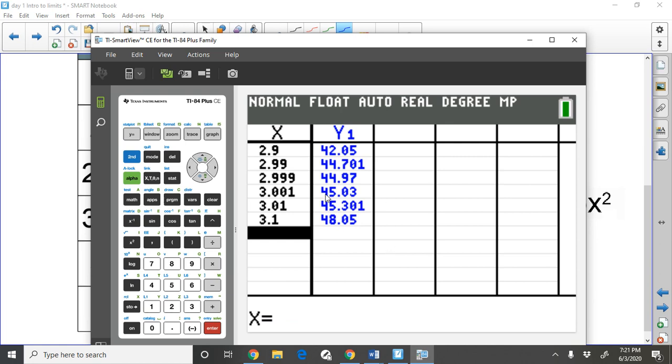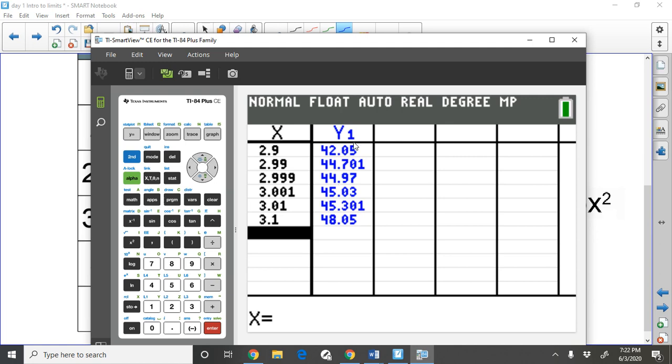And if we look at these values, what we're looking for is what is the limit as x approaches 3. So as we get closer and closer to 3, which would be between 2.999 and 3.001, what are these y values getting closer to? And if we look from the top down and from the bottom up, we see that right in the middle here, it gets closer and closer to 45.